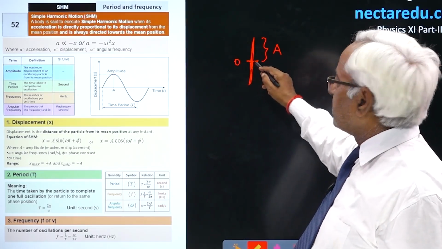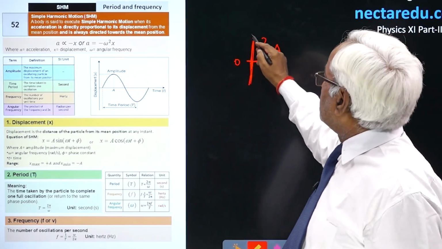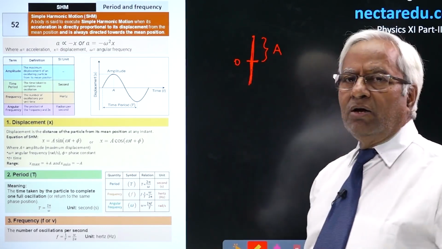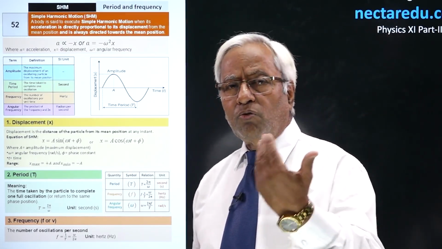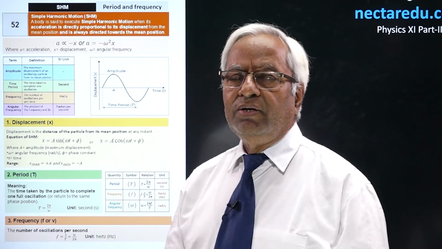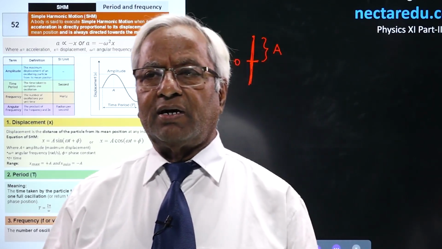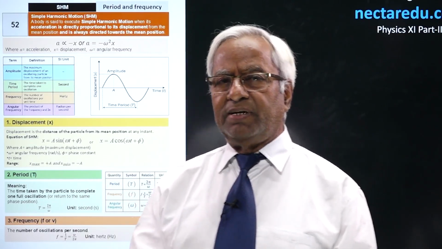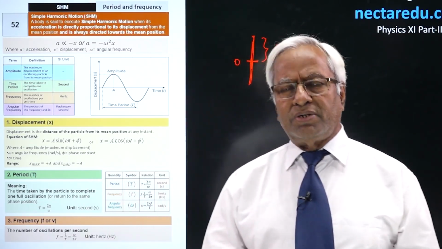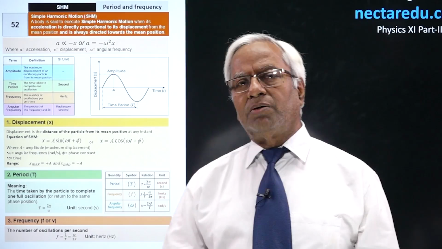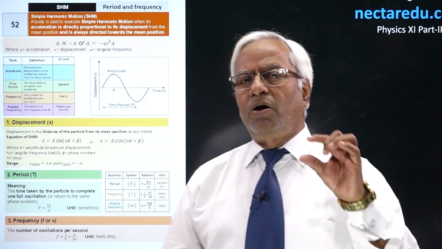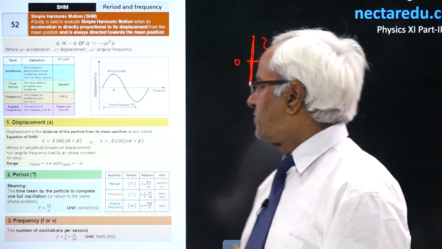This is the fixed or mean position. The extreme position up to which the oscillating particle goes, that limit. You see, oscillation and vibration are very minutely discriminated. Oscillation has a bit larger amplitude, and when you talk about vibration, it is very, very small amplitude oscillation.